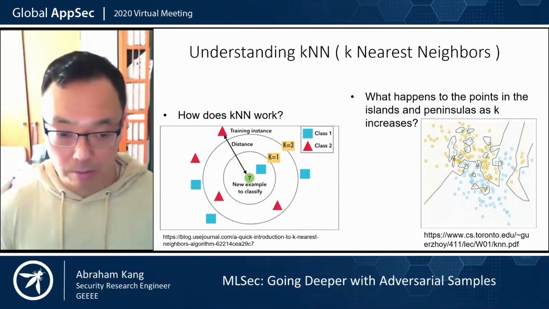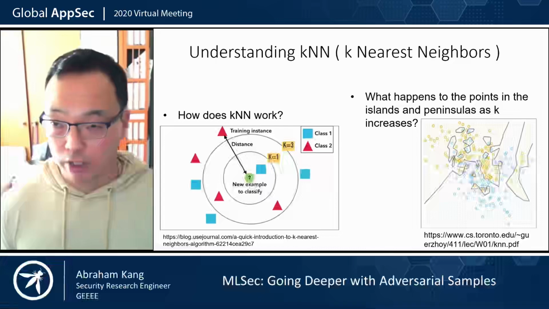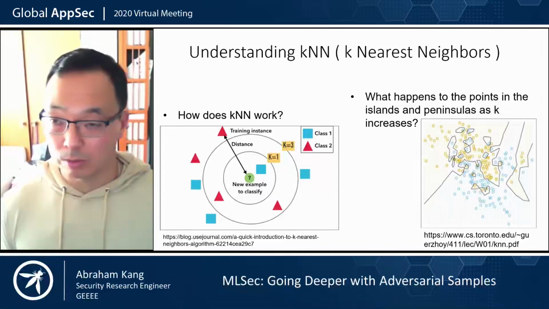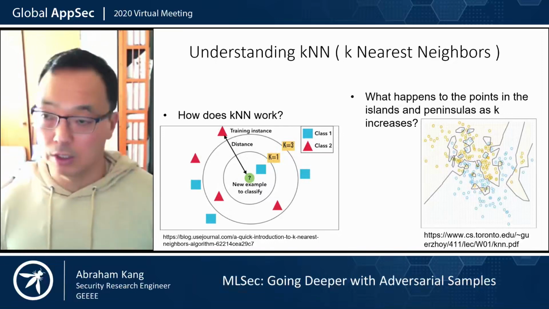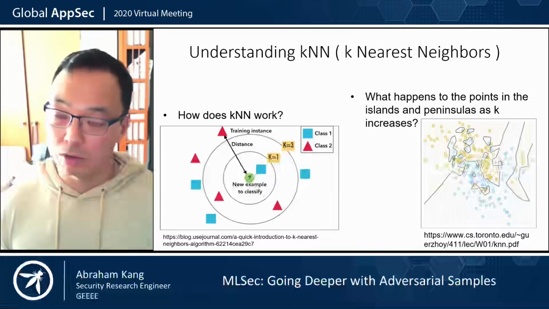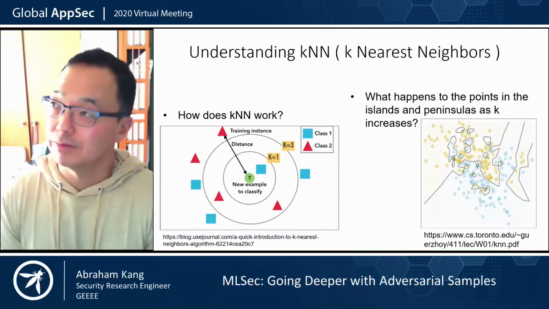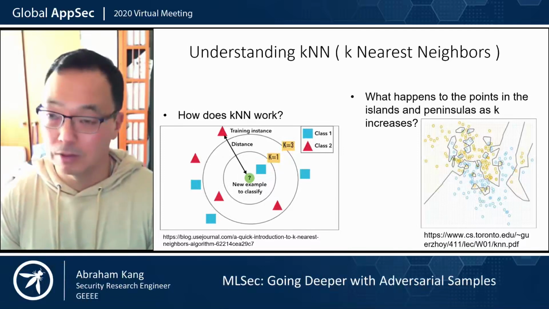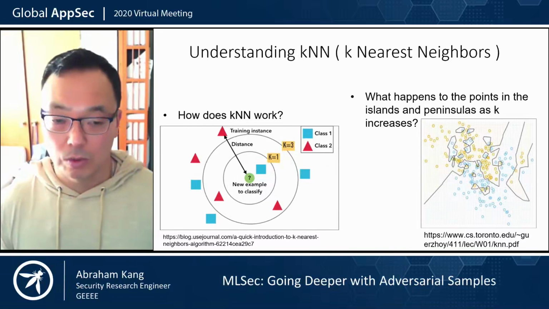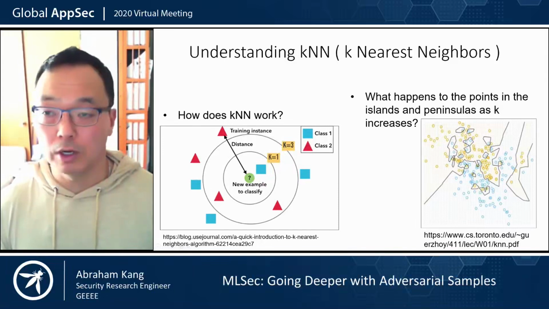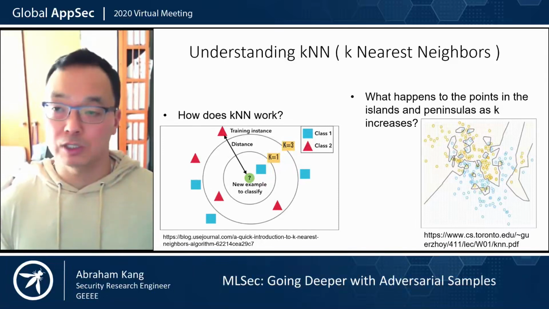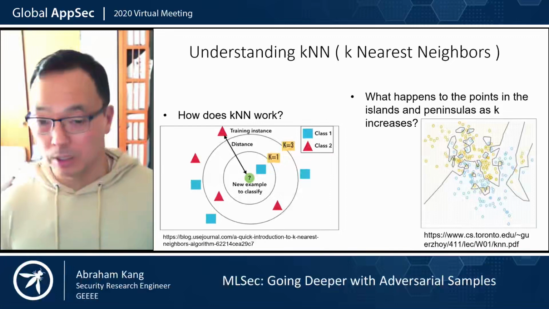So if we look at the bottom left here, we have red triangles and blue squares. And those represent the two different classes. That could be sick or healthy, it could be cancer, no cancer, it could be fit, unfit, it could be spam, not spam, right? And so the training points are these red and blue points, but the green point is the new point that we're trying to figure out what should this be classified as, spam or not spam.